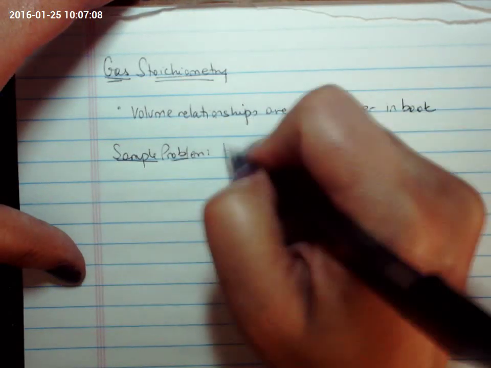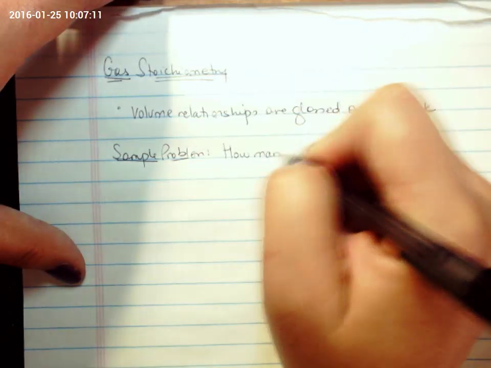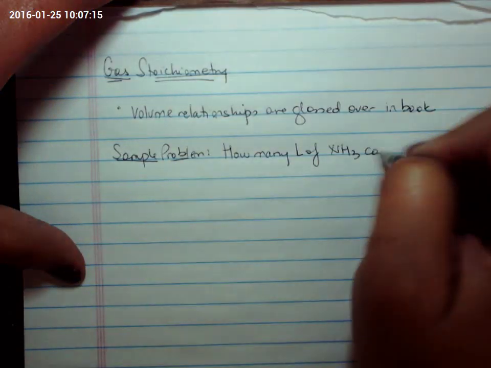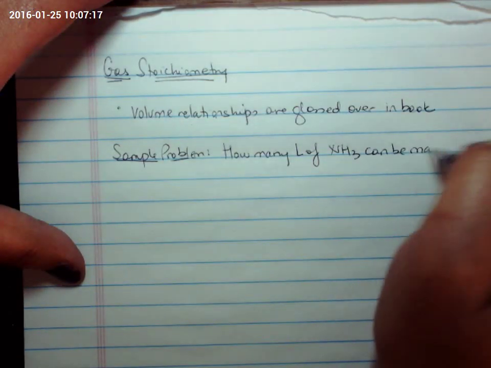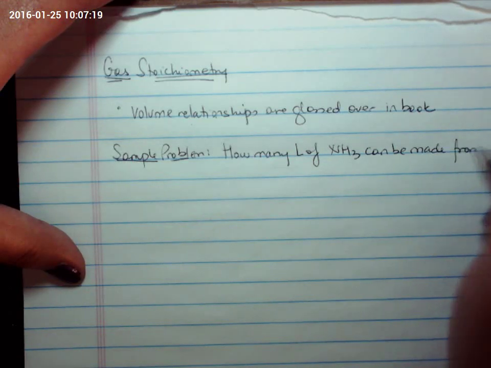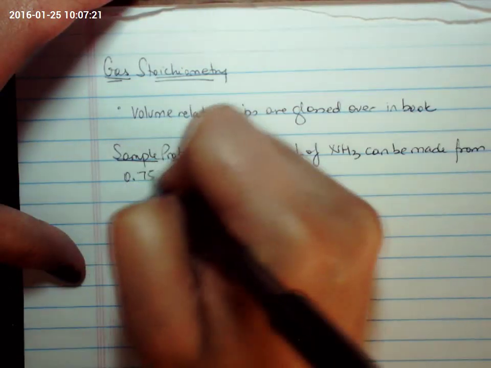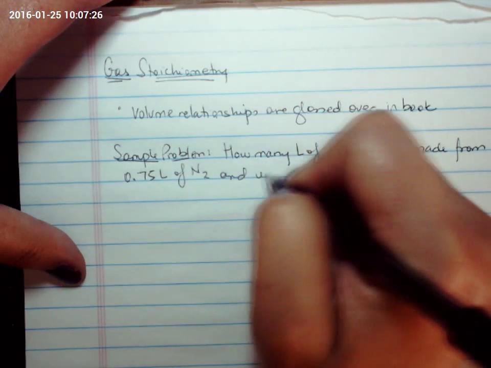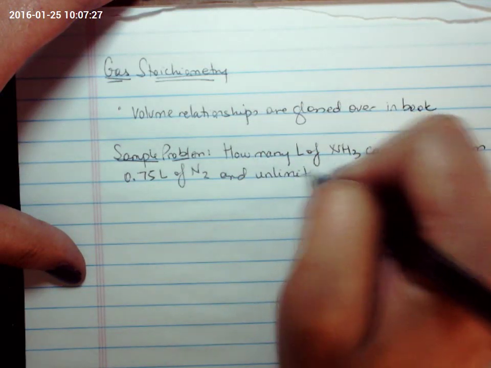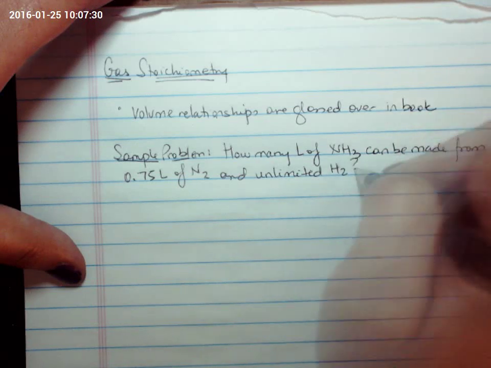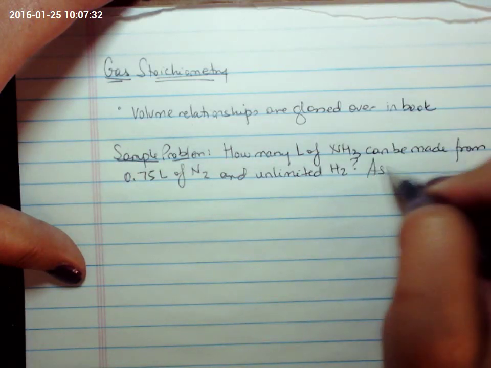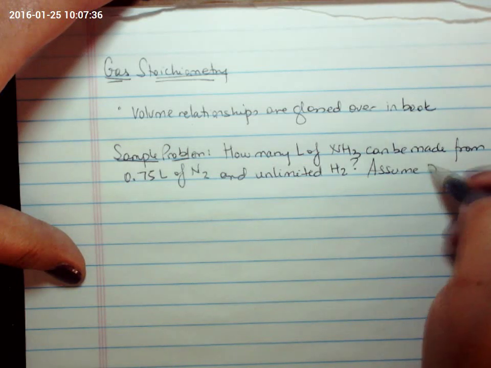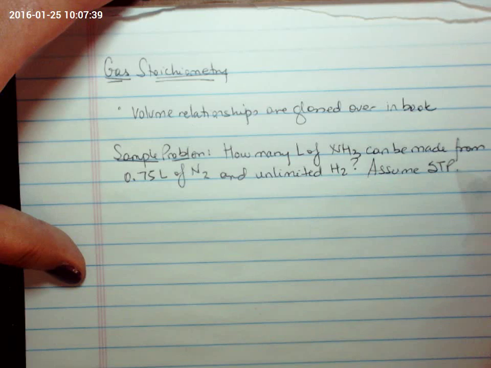They might ask you, how many liters of ammonia can be made from 0.75 liters of nitrogen and unlimited hydrogen? And they tell you to assume conditions that don't change. So assume that things are at STP.